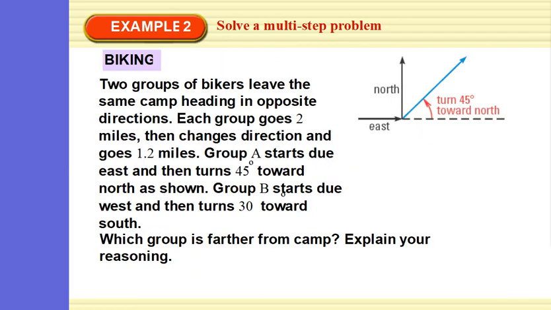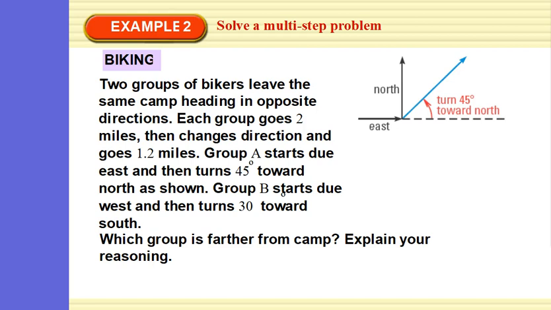All right, so two groups of bikers leave the same camp heading in opposite directions. Each group goes 2 miles, then changes direction and goes 1.2 miles. Group A starts due east and then turns 45 degrees towards the north as shown. Group B starts due west and then turns 30 degrees towards the south. Which group is further from camp?